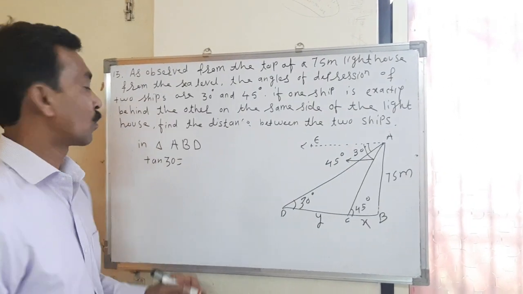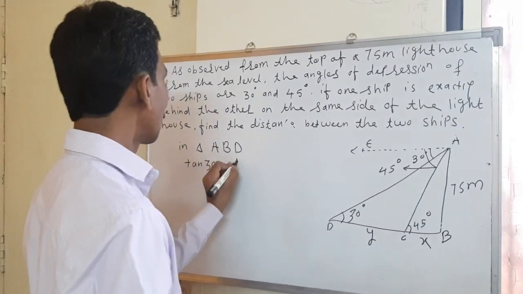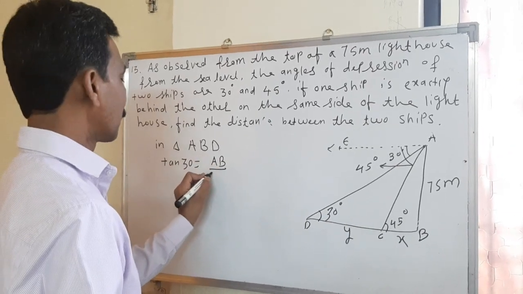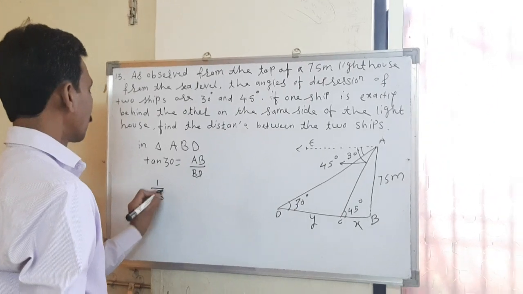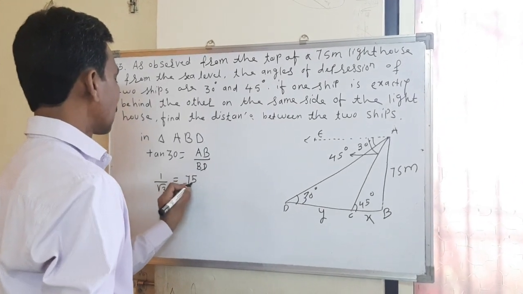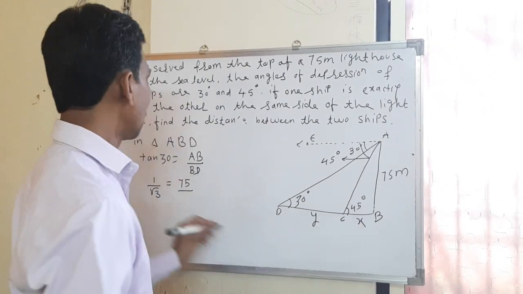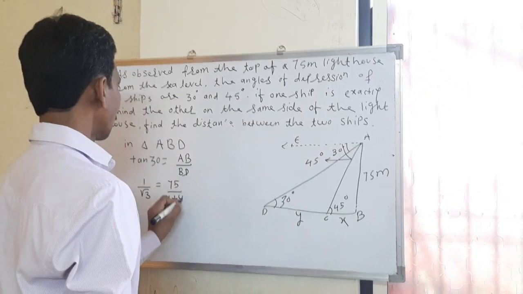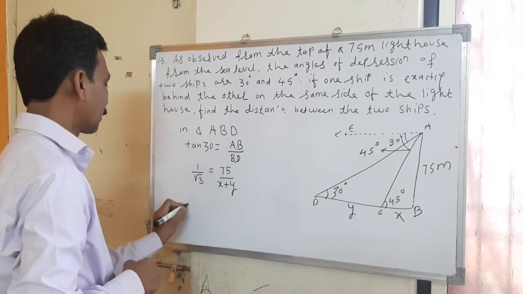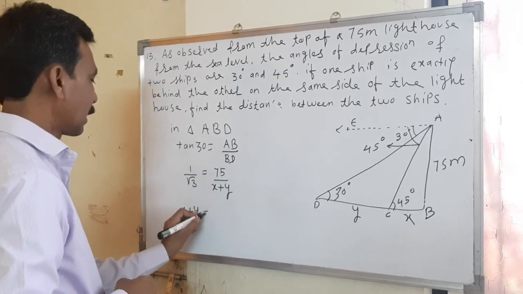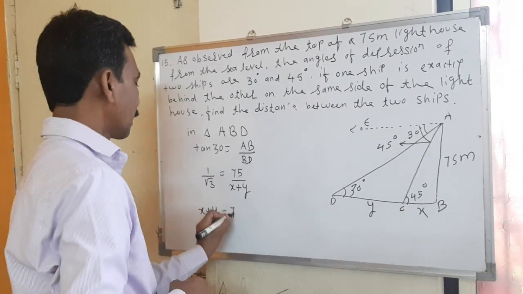X plus Y. Tan 30 is AB upon BD. Tan 30 is 1 upon root 3, equal to 75 upon BD, which is X plus Y. Do the cross multiplication: X plus Y is equal to 75 root 3.